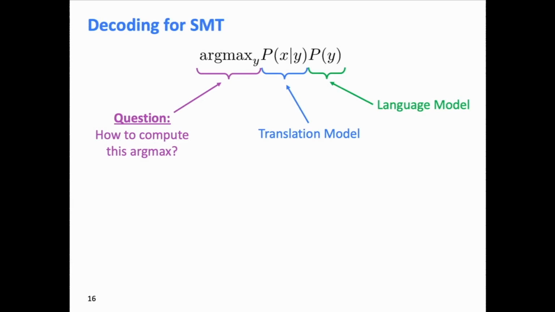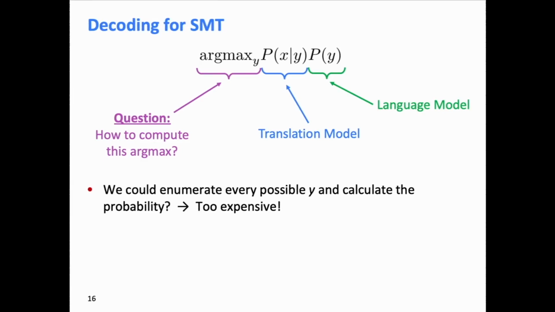So one kind of brute force solution is you could say, let's enumerate every possible Y, that's kind of every possible sequence of French words, maybe up to some length, and we'll calculate this probability for all of them. And it should be pretty clear that that's just a no-go. That's way too expensive, and we're not going to be able to get anywhere with that.